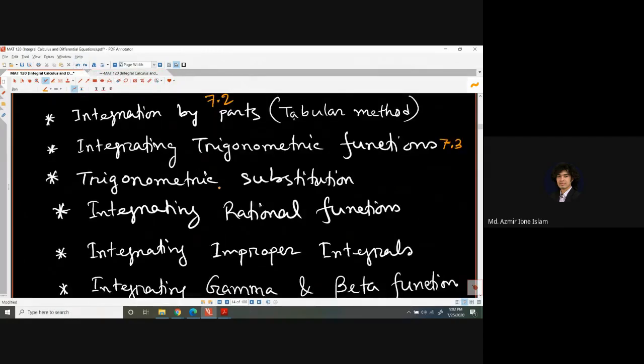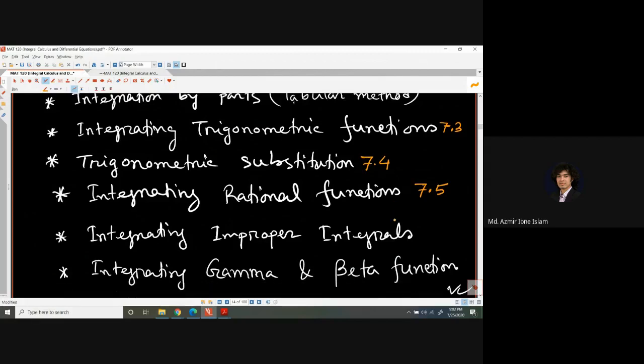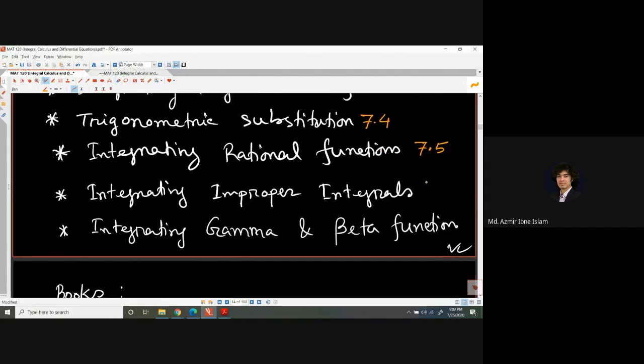Then the trigonometric substitution concept, you will find in section 7.4. Integrating rational functions will be from section 7.5. Improper integrals will be from section 7.8.